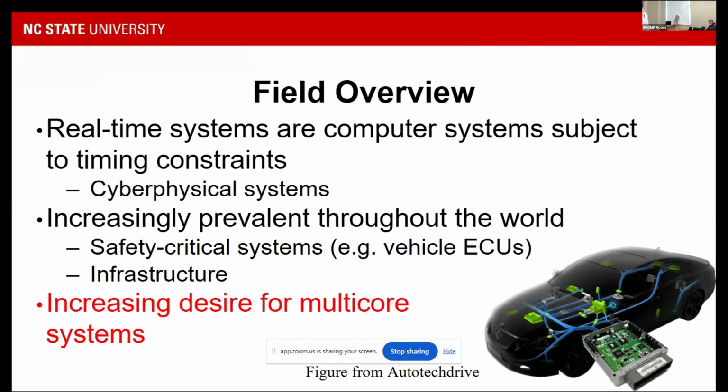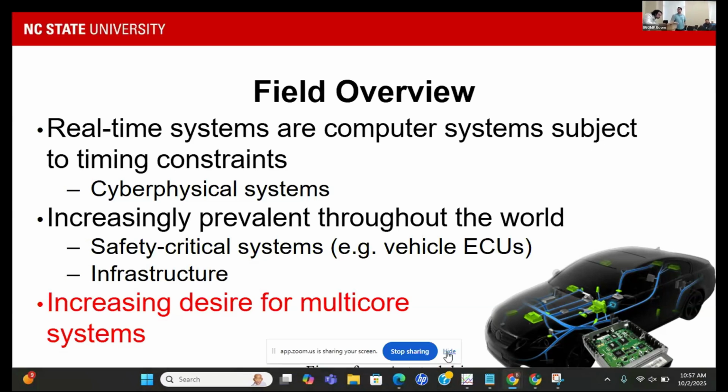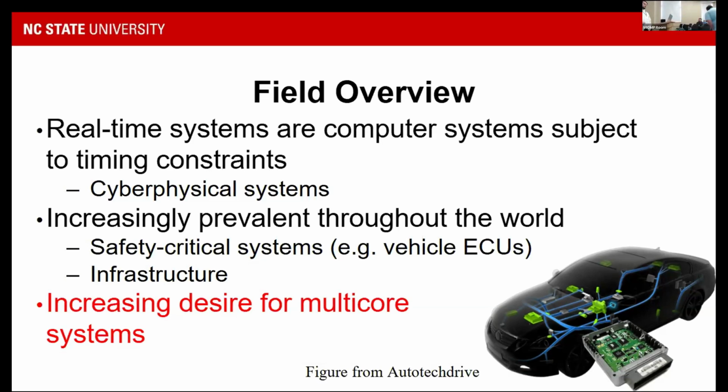So, a short overview of my field, real-time systems. Real-time systems are computer systems subject to timing constraints. Very often these are cyber-physical, computer systems that have some kind of physical component, increasingly prevalent, often in safety critical situations, like vehicle electronic control units, or increasingly just vehicle control in general, with as much as has been going on in autonomous driving.